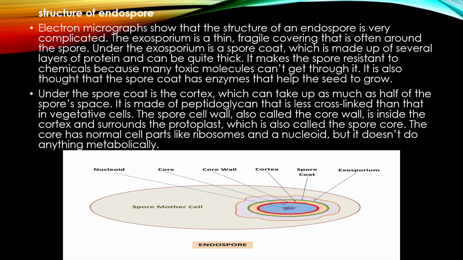Next is the structure of endospore. As you can see here, this is the endospore and this is the spore mother cell or the vegetative cell. The endospore has different layers, so we'll study them. Electron micrographs show that the structure of an endospore is very complicated. The exosporium is a thin fragile covering that is often around the spore.